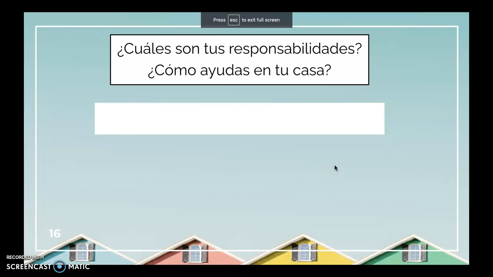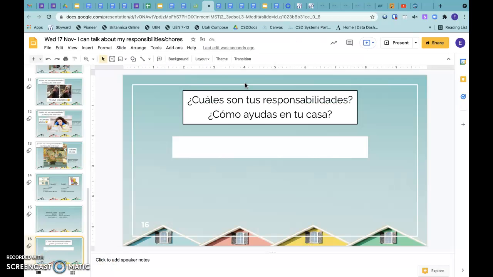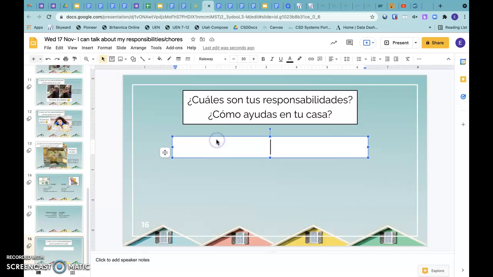Okay, we're going to look at one more thing. ¿Cuáles son tus responsabilidades? Or ¿cómo ayudas en tu casa? So when you go to answer this question, you're going to list a lot of verbs in the yo form. You don't have to have any sentence frame to start.